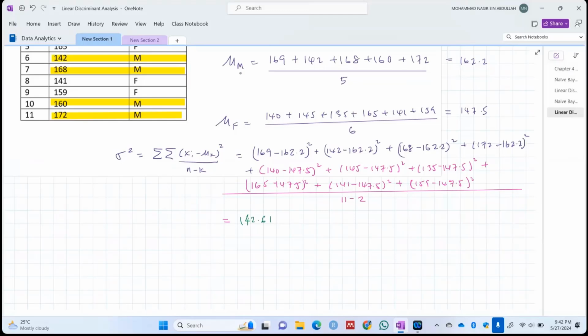How much did you get? 142 also. Got 142. Right, so 142, we use this formula, this value.